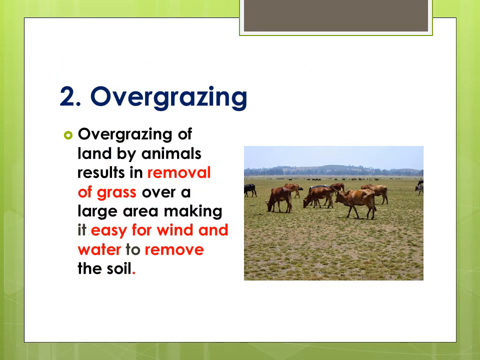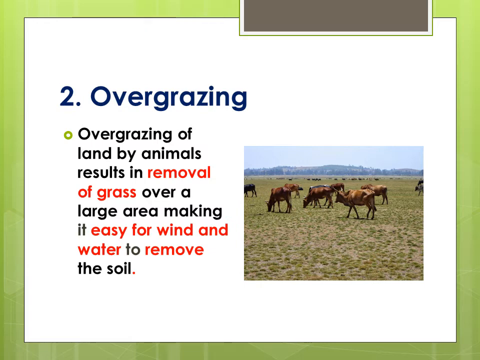Next is overgrazing. When cattle come to the pasture land and eat the grasses, the removal of grasses makes the land loose, because the roots of grass hold the soil tightly.